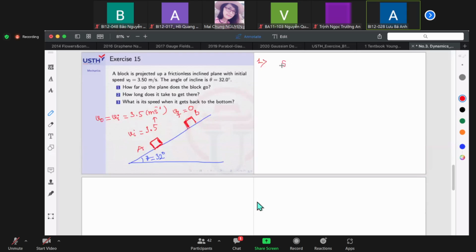I use this equation. We need to compute SAB. So how to compute SAB if we know Vi at the beginning and Vf at the end of the travel?